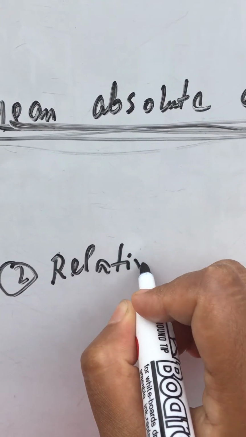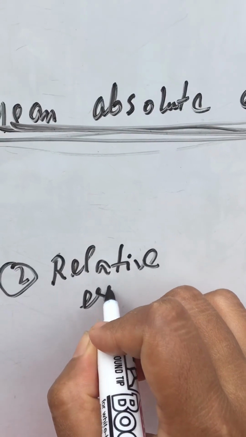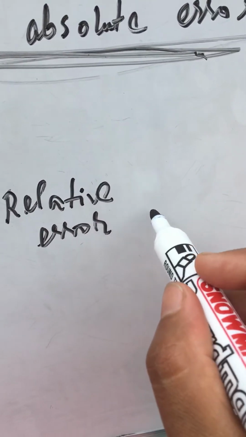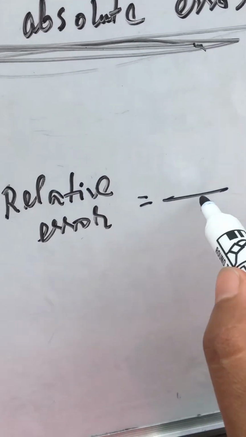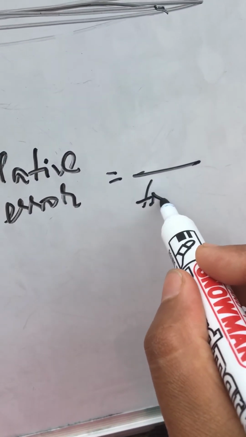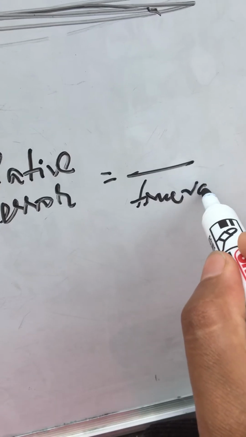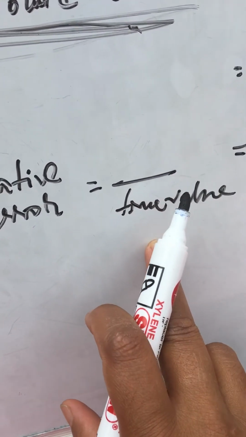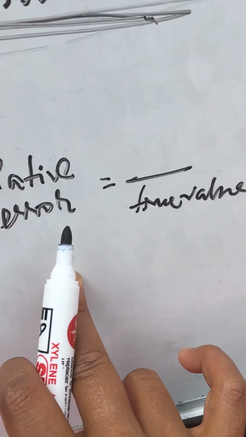Relative error. Relative means what? Comparison, right? Comparison with what? Comparison with the true value. So any measured value, when you compare it with the true value, it becomes a relative error.